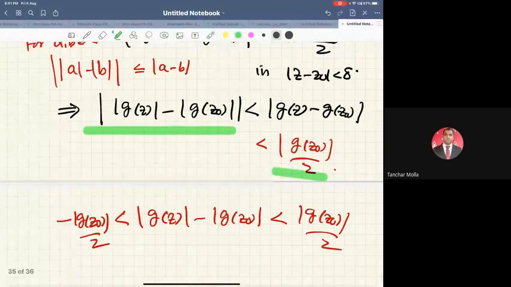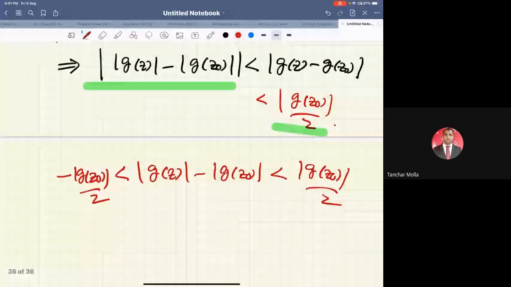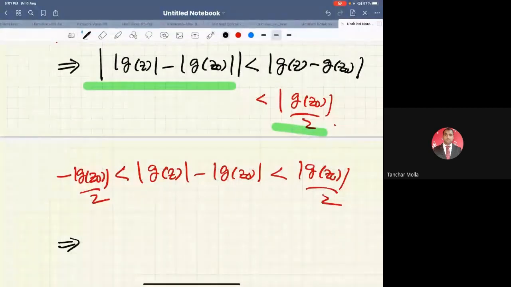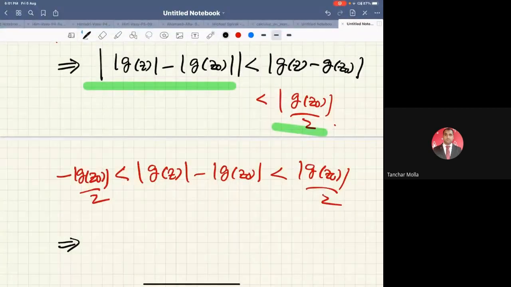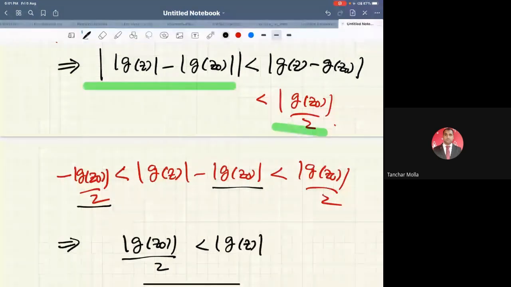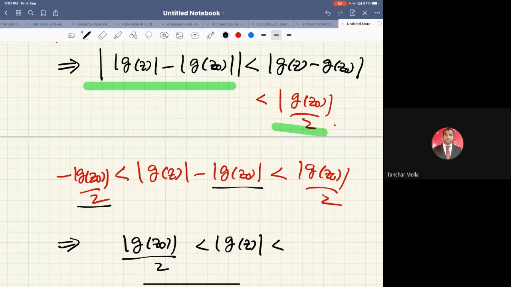Okay, very good. So this implies, now I will add modulus of g of z0 on both sides. So modulus of g of z0 by 2 is less than modulus of g of z, which is less than 1 by 2 plus 1, that is 3 by 2 into modulus of g of z0.